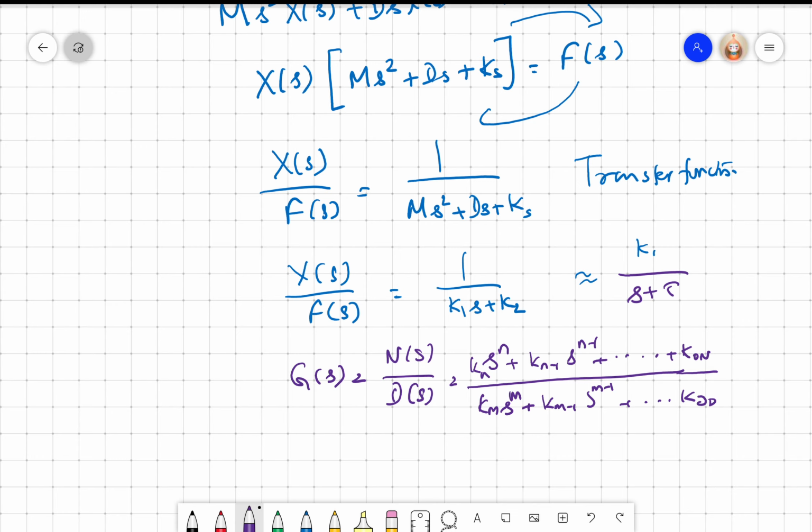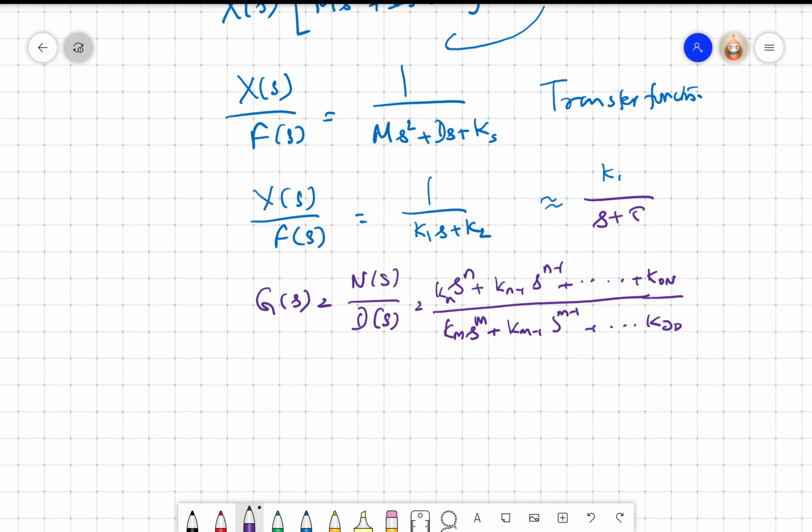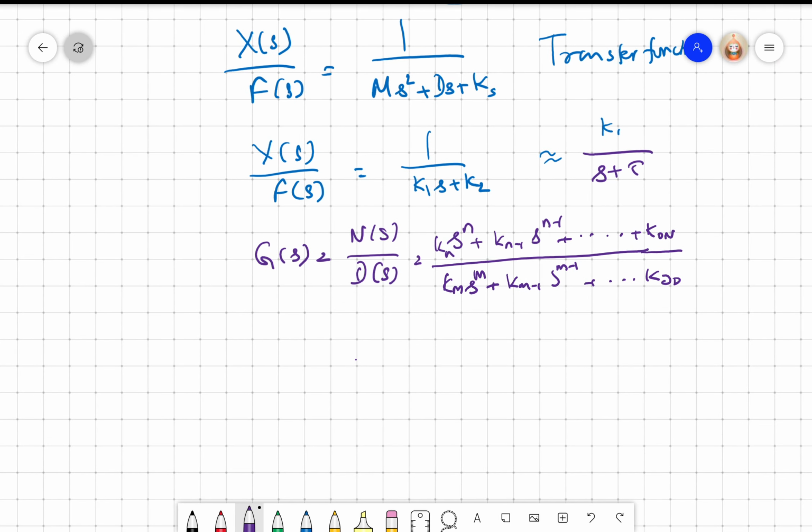Now we can arrange in general this function with the numerator as some constant k into (s plus or minus zn) into (s plus or minus zn minus 1) and so on.